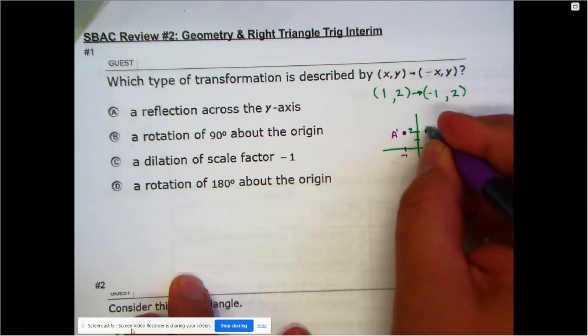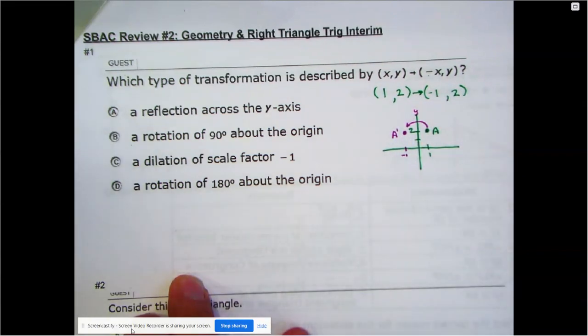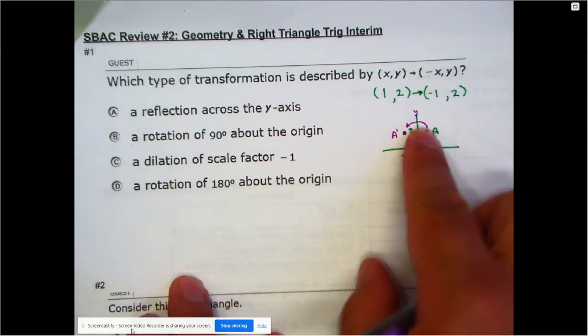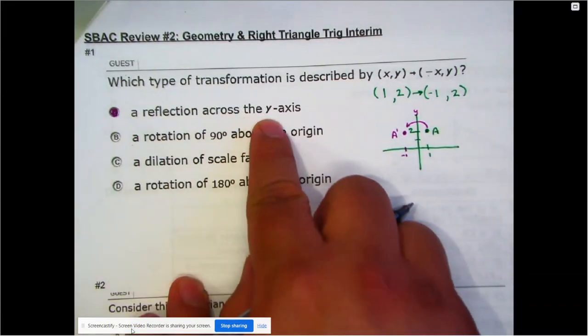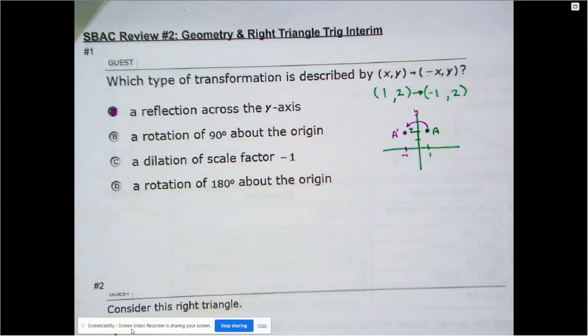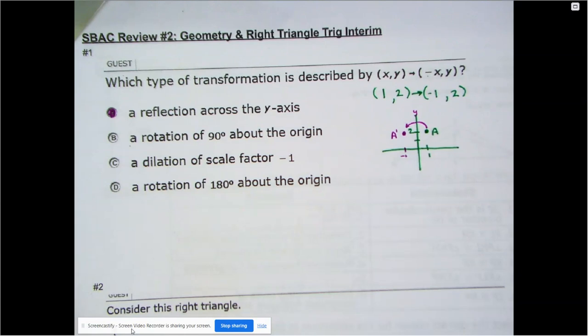Notice how this point was just flipped over the y-axis. And if it was flipped over the y-axis, that's why my answer should be A for this one, a reflection across the y-axis. For a lot of problems on the SBAC, it's a good idea to give yourself a visual of what's going on. So let's look at the next question.